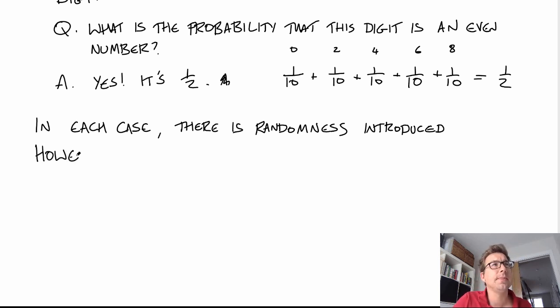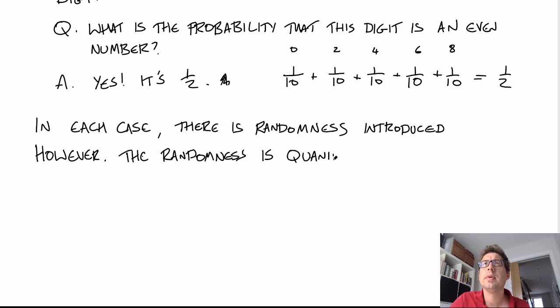However, the randomness is quantifiable, so it's not completely unknown. We can get some measure of it.